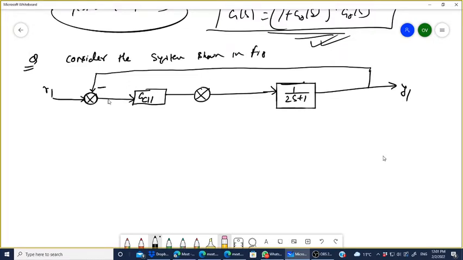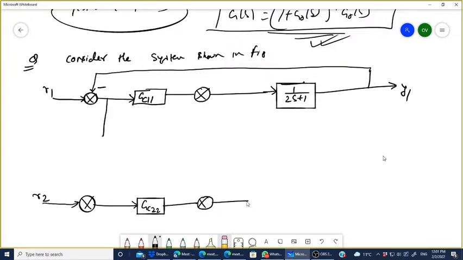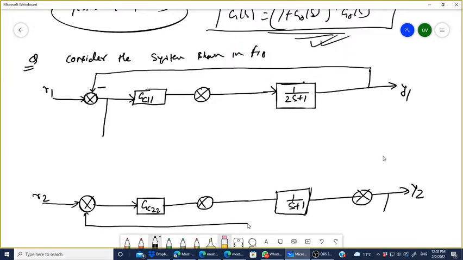Please see. This is the Y2, right? And this is the feedback for the Y2.